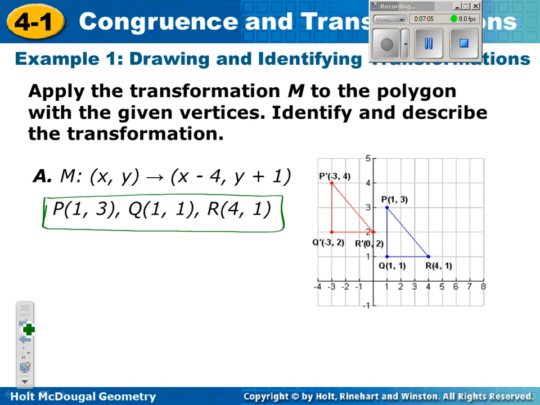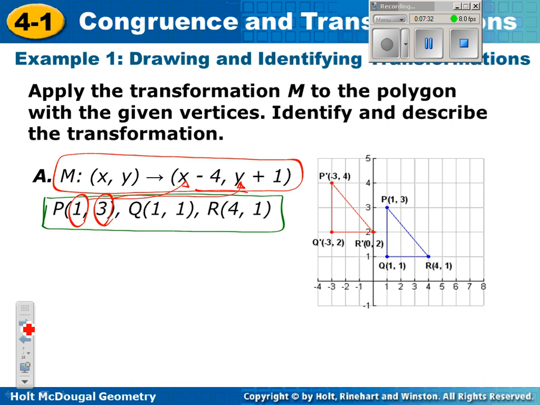Okay? When I look at the rule, what does this rule right here tell me? Just by looking at it, I should know what kind of transformation this is. The translation, what direction? Left 4, up 1. If I didn't know that, worst case scenario, I could plug the 1 in for x, the 3 in for y, and I could find the new coordinate, right?